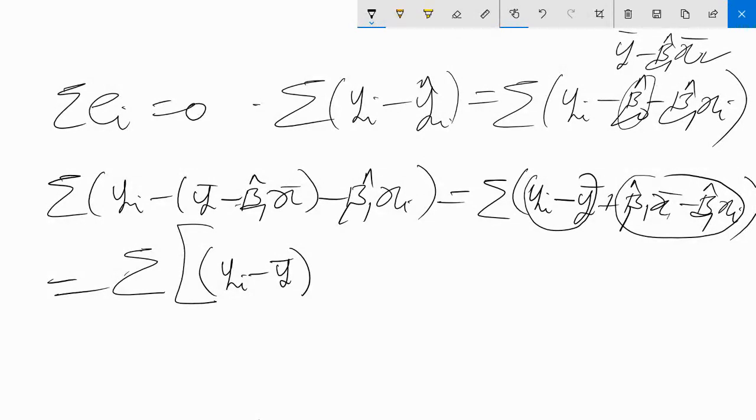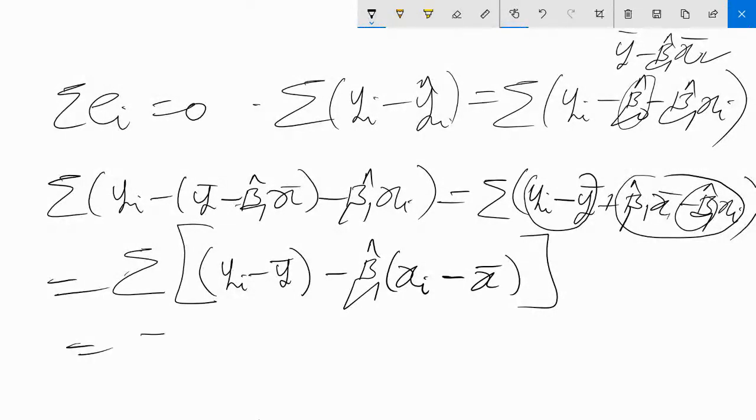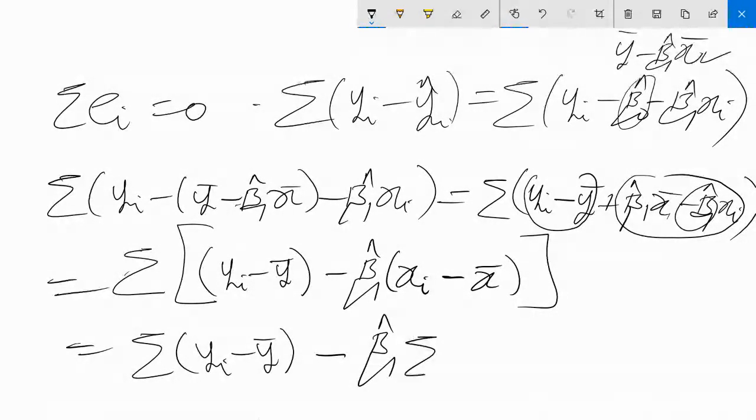Now I'm starting from this side. So I will have minus beta 1 hat into xi minus x bar. So x bar now is minus because I started from this side. I took minus beta 1 hat as a common factor. So when you bring in the summation, you'll have the summation of this guy minus beta 1 hat, the summation of this guy.